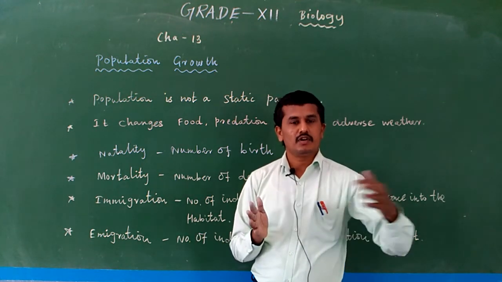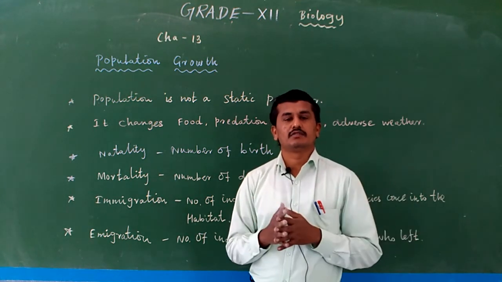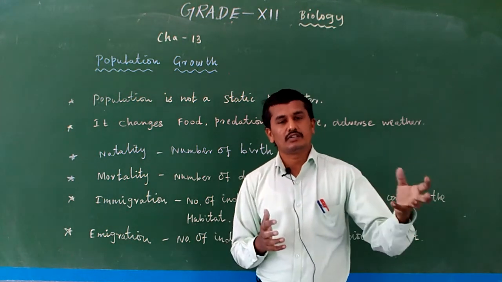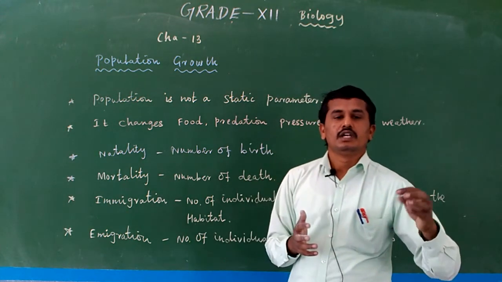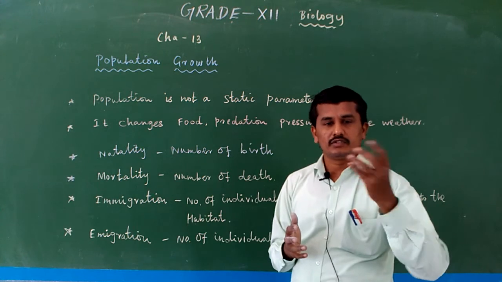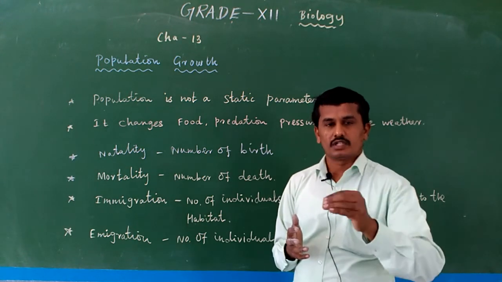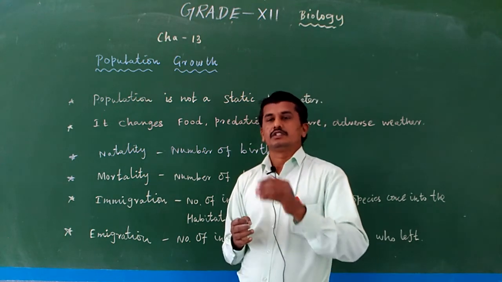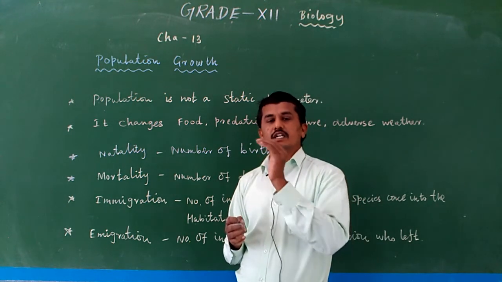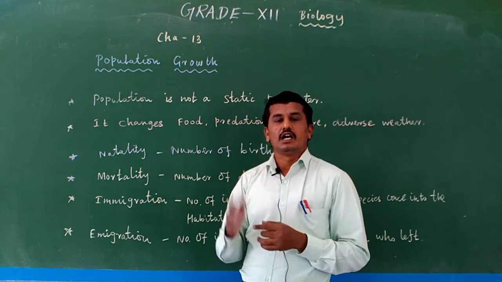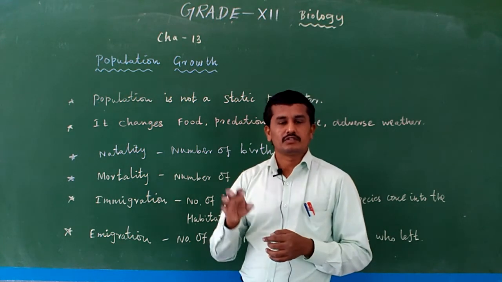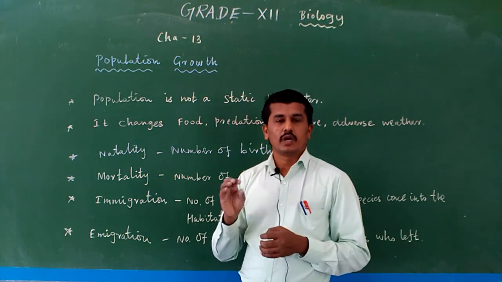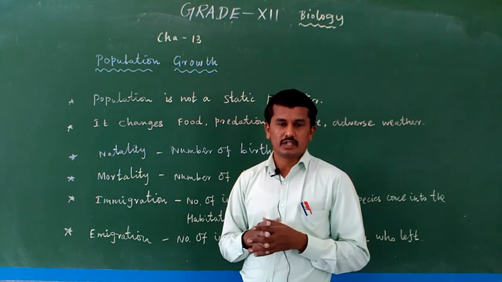Suppose we deforest a particular forest, then grass availability is reduced, the deer are without proper food, and the deer population is reduced. Due to the deer population reduction, automatically the tiger and other predators like lions are reduced. So why is the tiger population reduced?